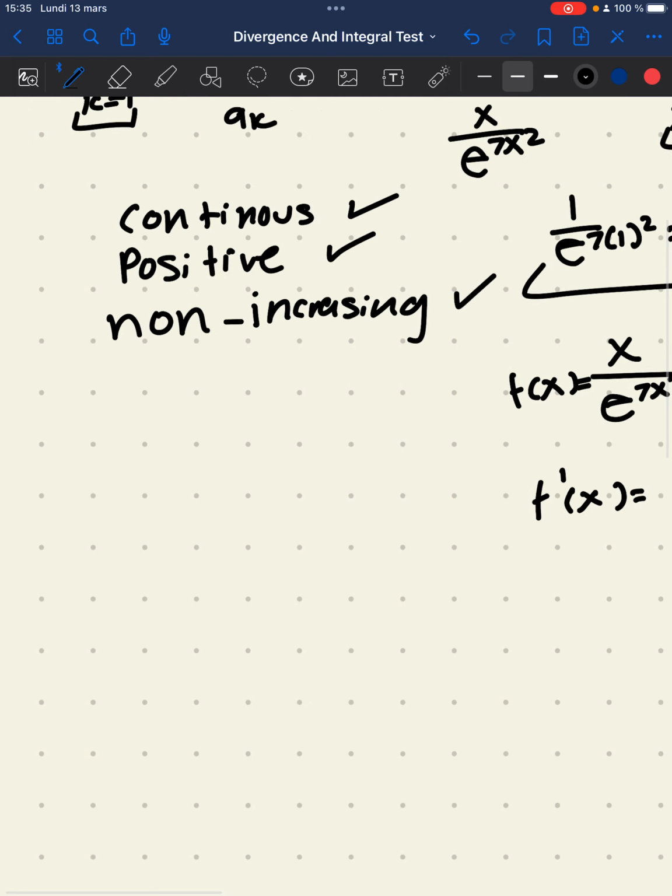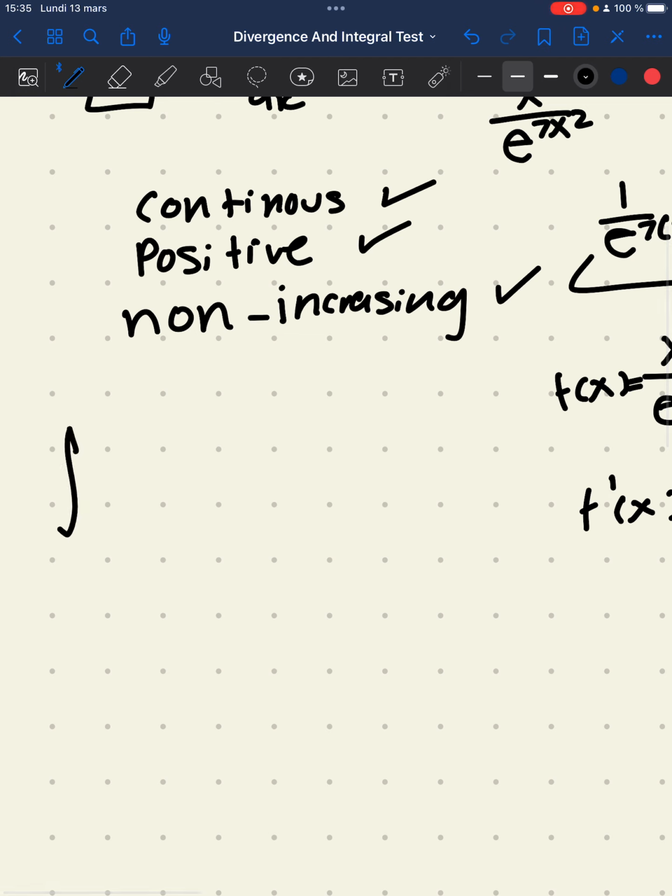Now we can use the integral test because all three requirements were met. So we use the integral from 1 to infinity of x e to the negative 7x squared dx. To use this, we're going to need u substitution. But first we have to make sure that since this is an improper integral because it has an infinity at one of the bounds, we have to use limits to solve this.